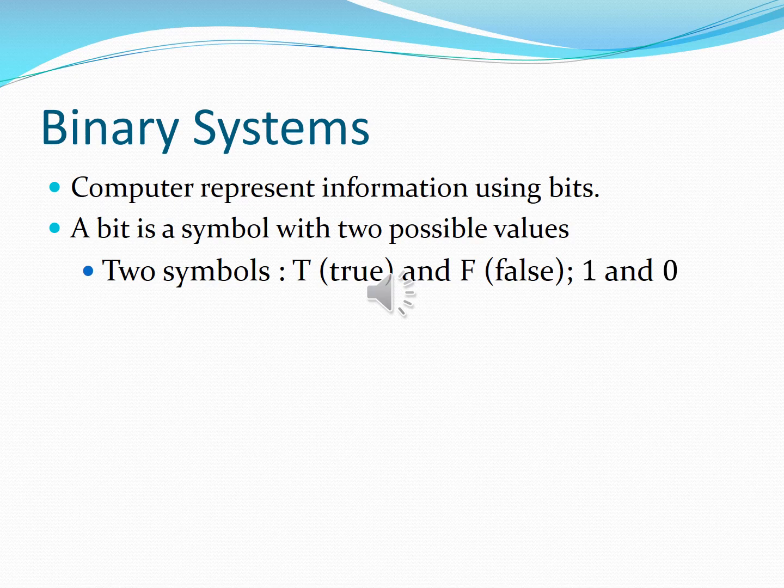Computers represent information using bits. A bit is a symbol with two possible values, two symbols: true and false, 0 and 1.